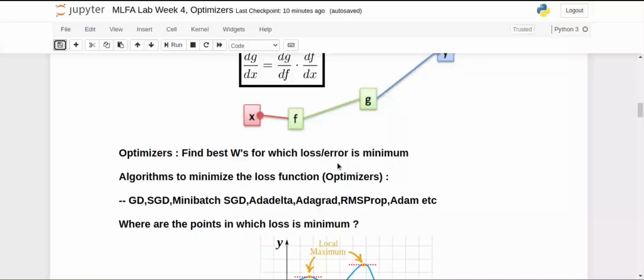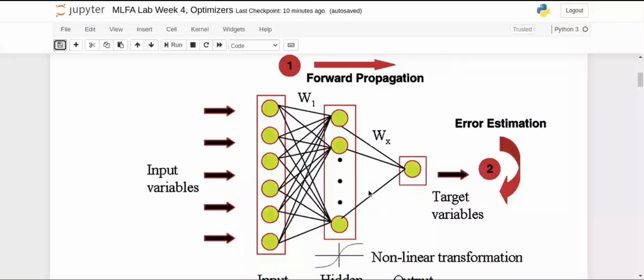You can think of these w's like knobs, and you need to adjust them in such a way that the error is minimum or zero. That is the whole training, that is the purpose of the training.